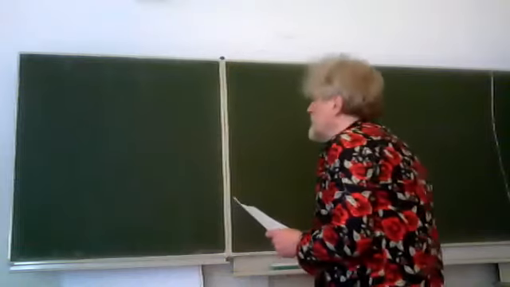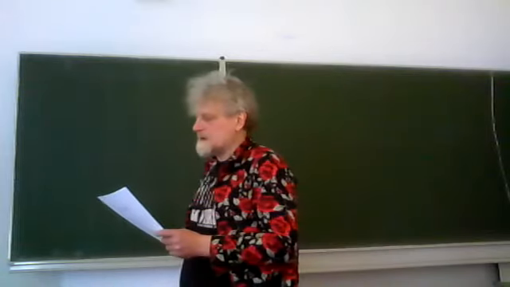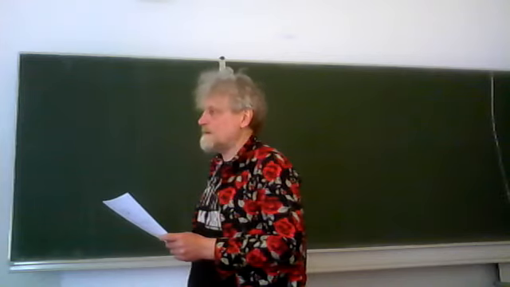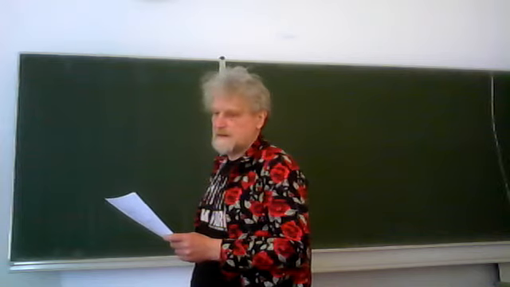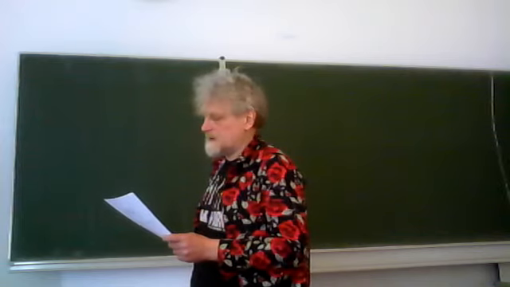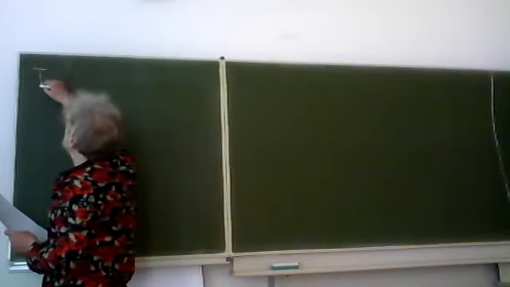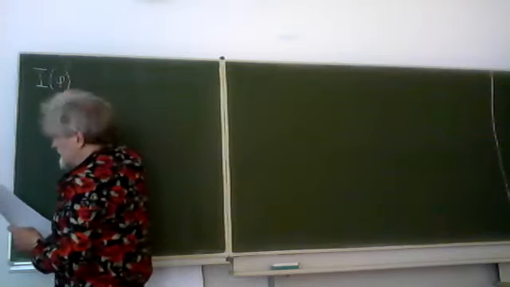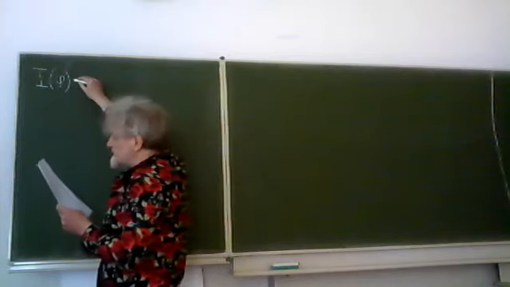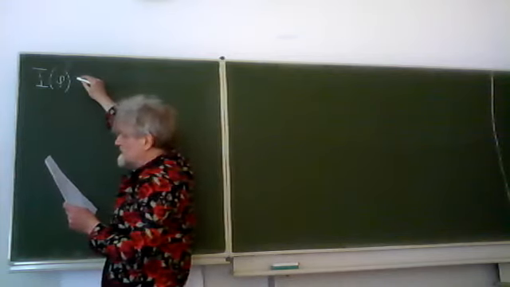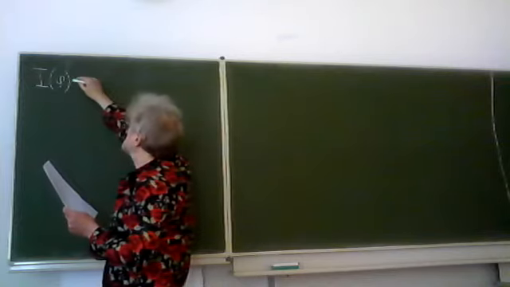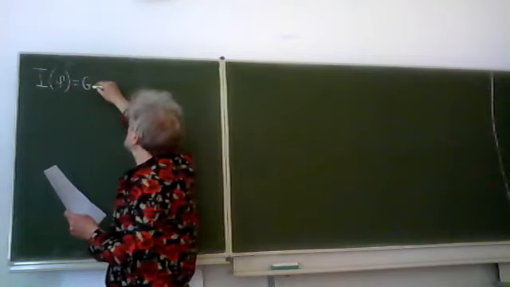We start with a formula which, in the framework of circuit theory of transmission distribution, expresses the current, which is a function of phi, as, let's see, do I need GQ here? It depends on normalization of the current. Let me be consistent with the formulation.